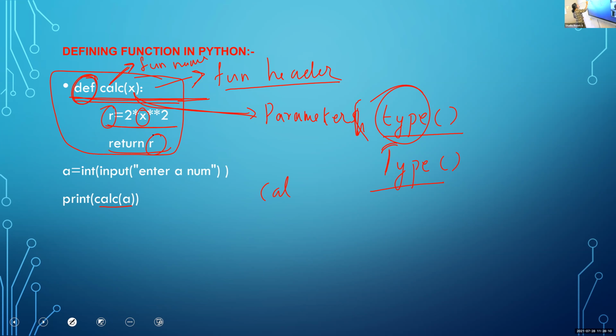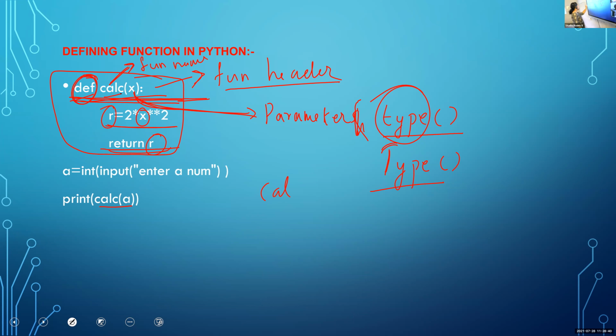So this function header and return statement is common for all function definitions. The parameter name will change, and the number of parameters will also change depending on the operation. But def is a must, function name is a must, and the colon and bracket are also compulsory for the function header.